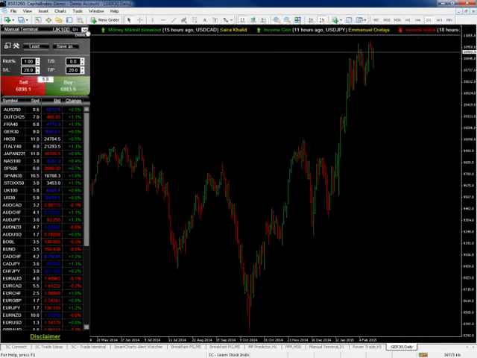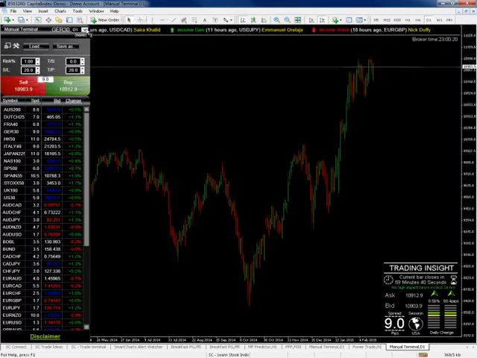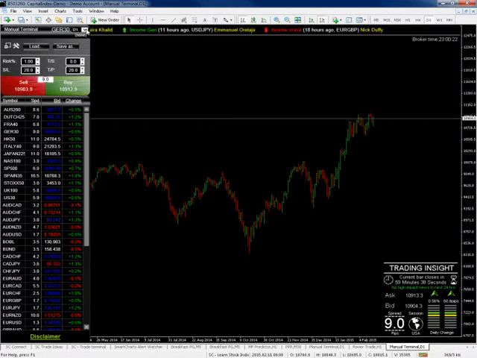German 30, surprisingly enough, has been performing very well and been pushing up quite aggressively. Now it is kind of stagnating here a little bit. It is looking quite bullish still.